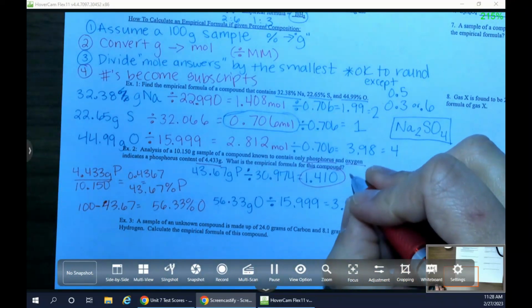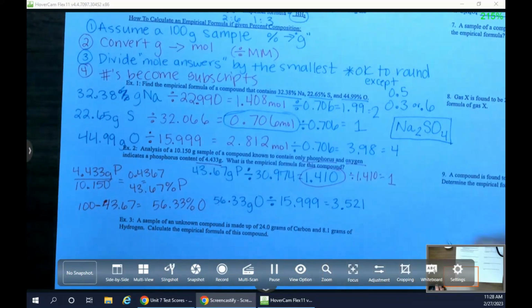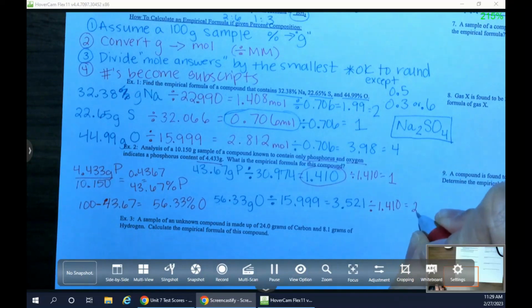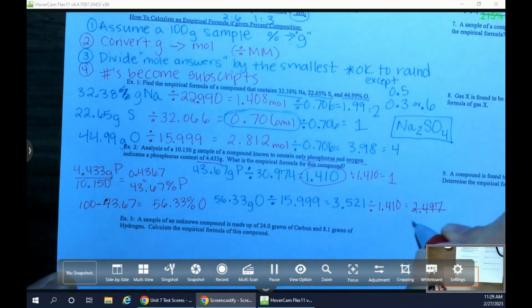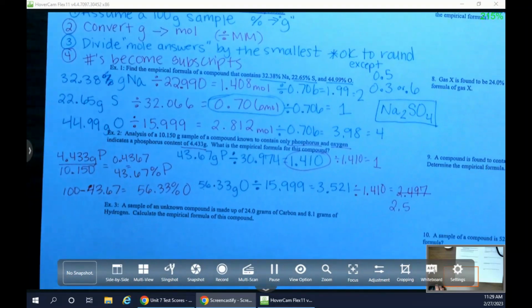So I already know that first one is going to be a 1. What do you think the second one's coming out to be? I got the answer 2.497. Okay, so rounding that, we would go to 2.5, and that's as far as you can actually round.